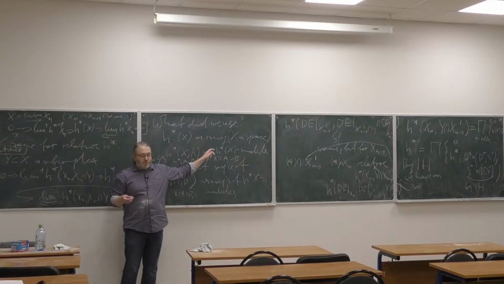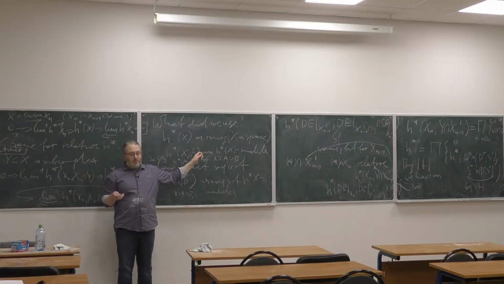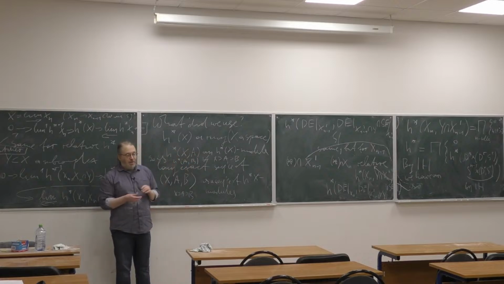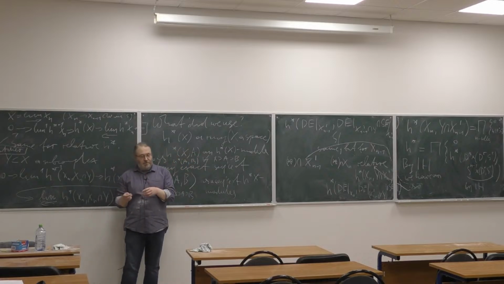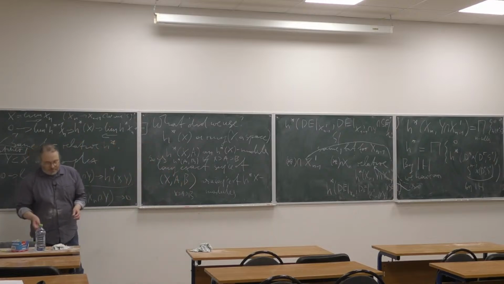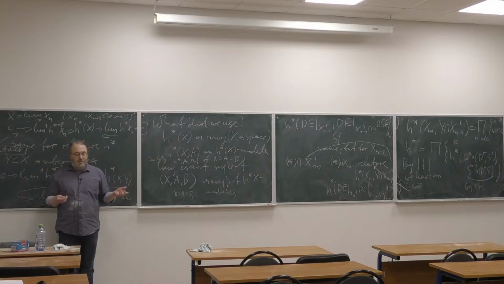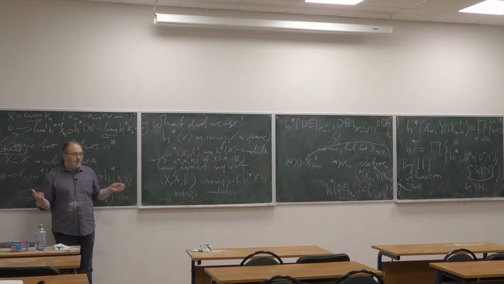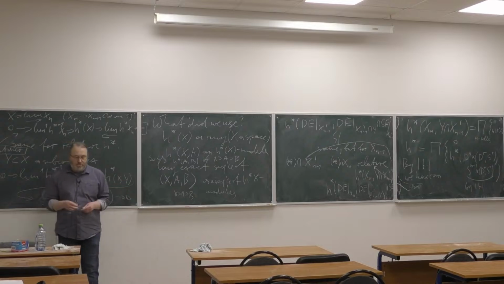To get the ring structure, we need something from the target spectrum, yes, but also something from the source spectrum. And the source spectrum should be a co-ring spectrum, which is true for all suspension spectra, but false in general.